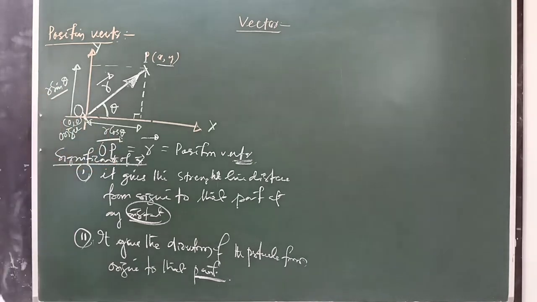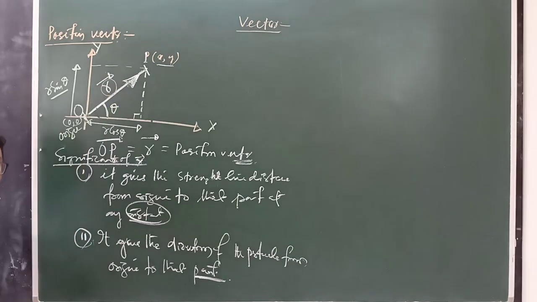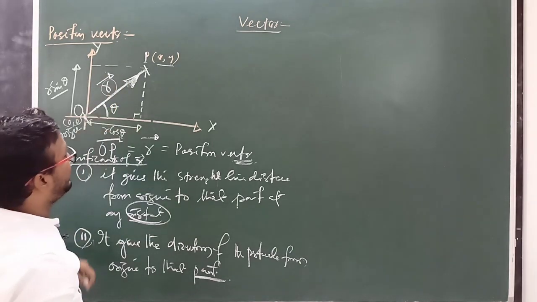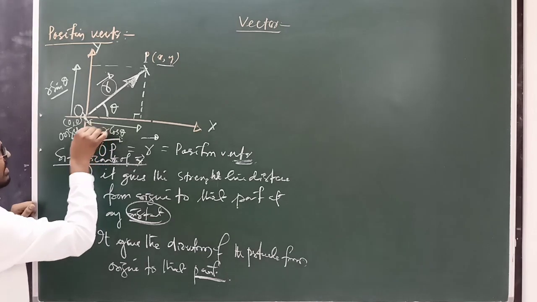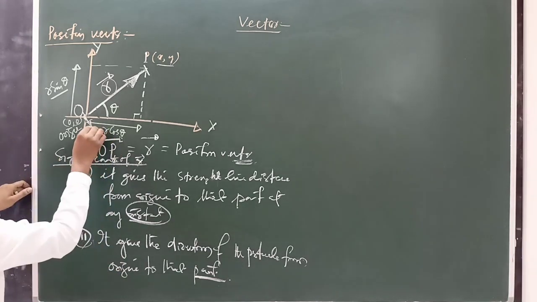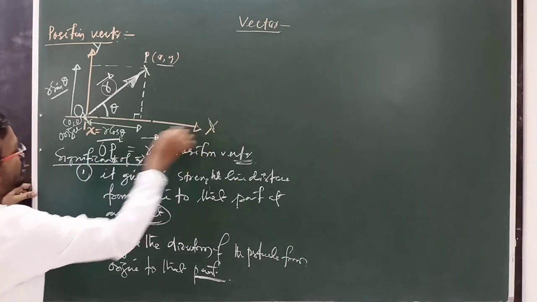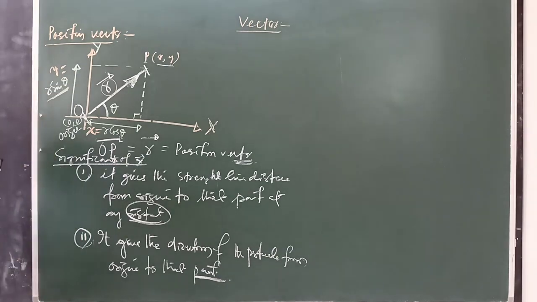R cos theta and R sin theta are the two rectangular components of this position vector. So along the x axis, small x equals R cos theta, and small y equals R sin theta.